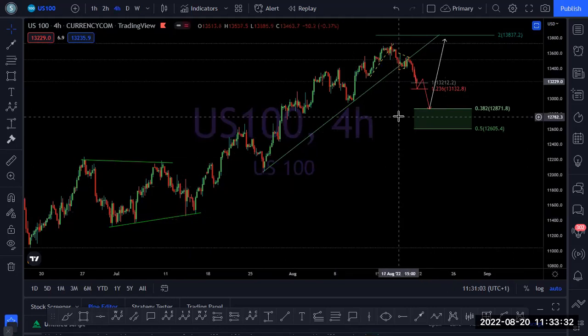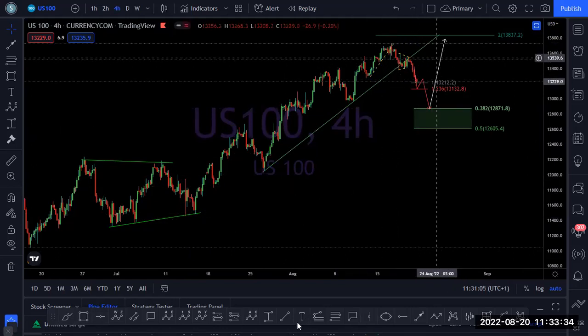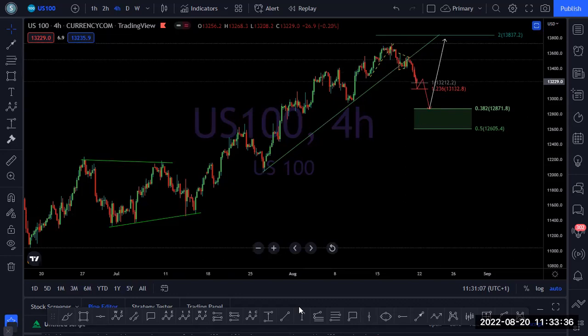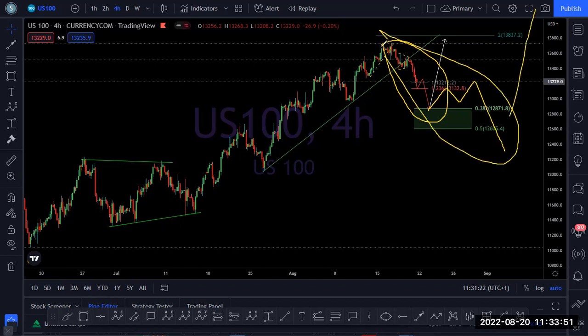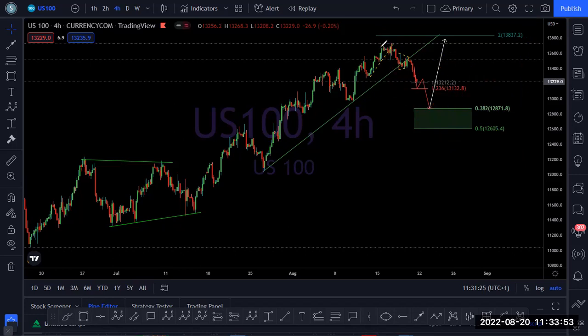So for now, keep watching what happens around here. What happens around here is important. We might get A, B, C, and drop again, which gives us a bigger correction before we buy again. So pay close attention.